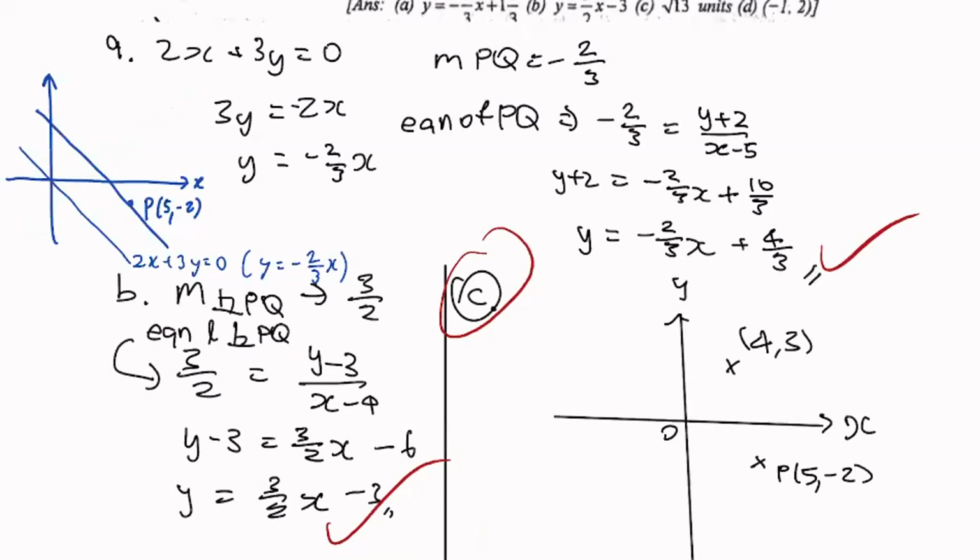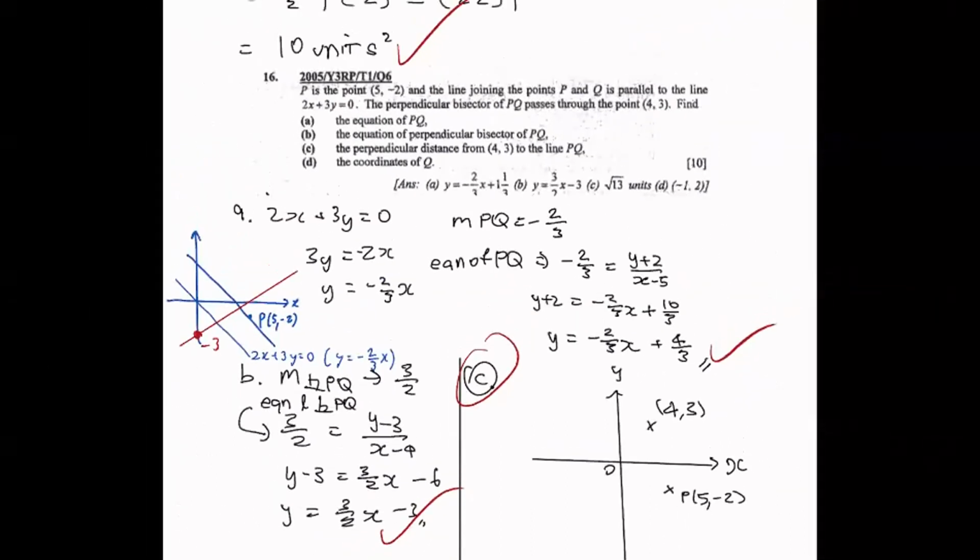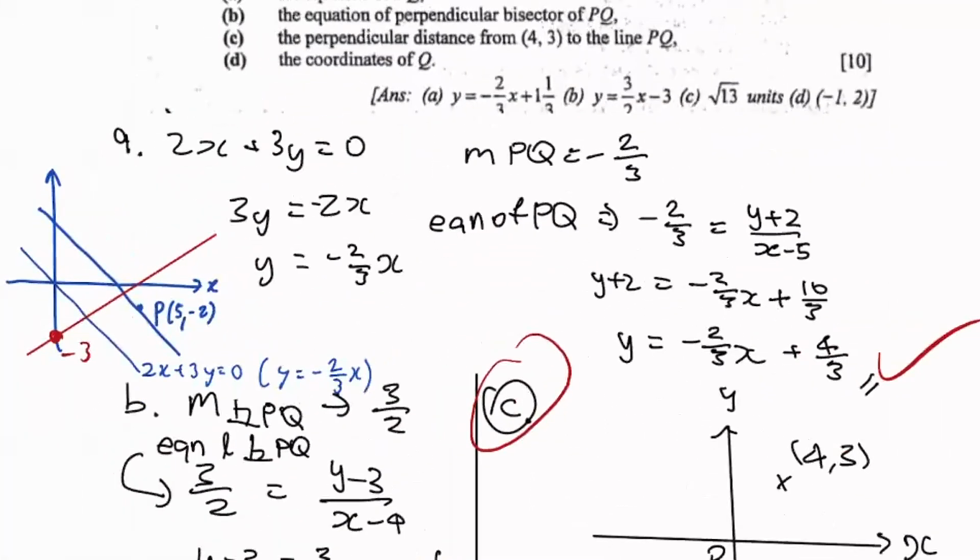So maybe somewhere like over here. This is negative 3. That is your perpendicular bisector of PQ. So maybe I should move my P a bit further away. Then if that is the perpendicular bisector, then your Q must be somewhere here.